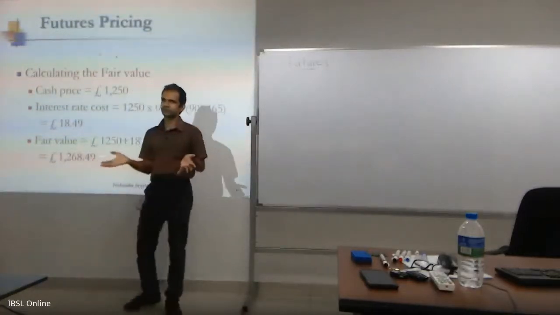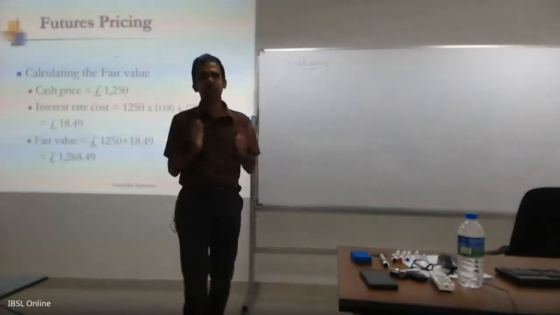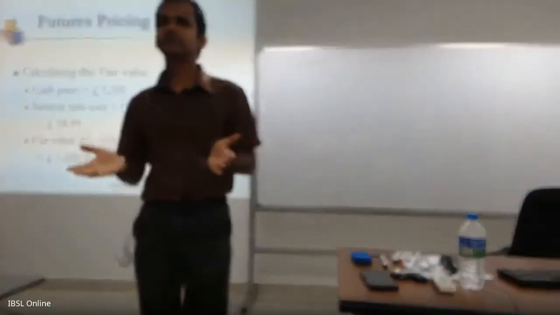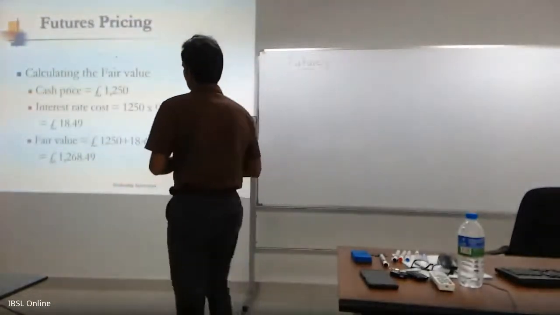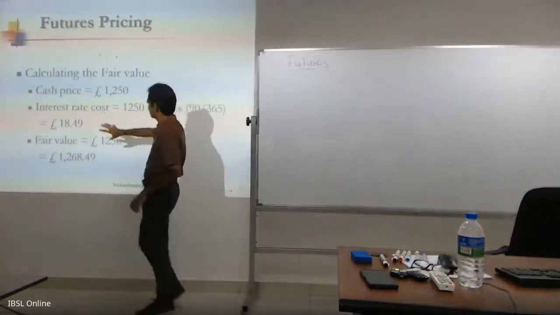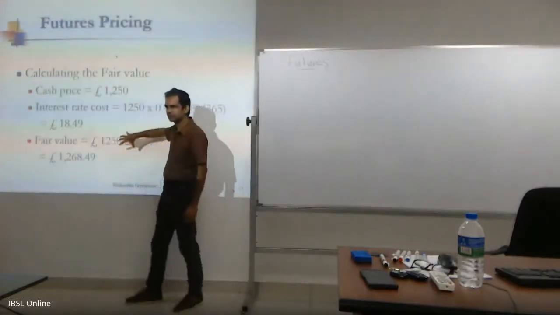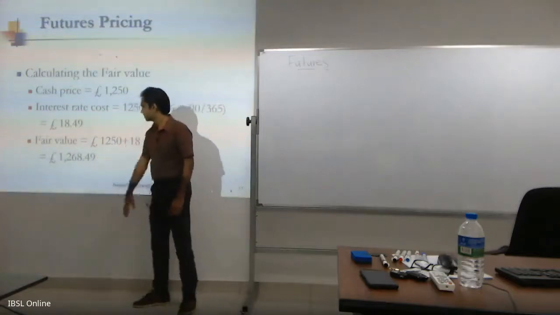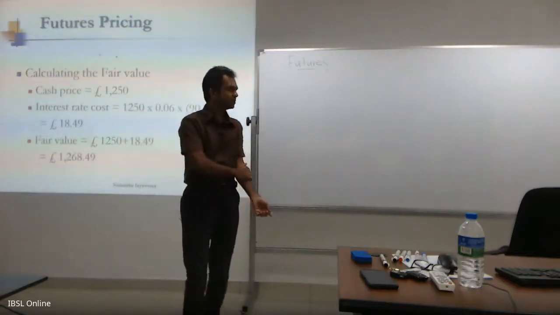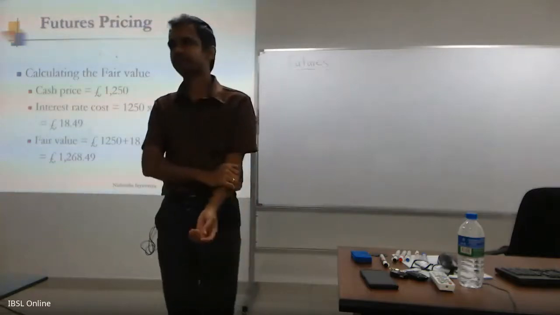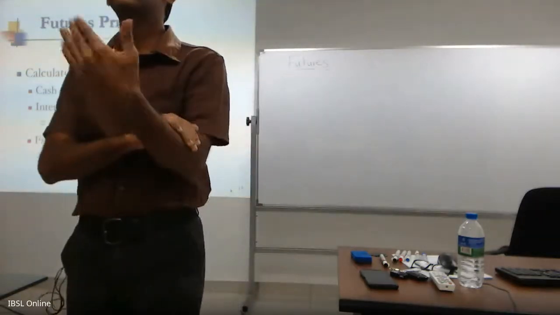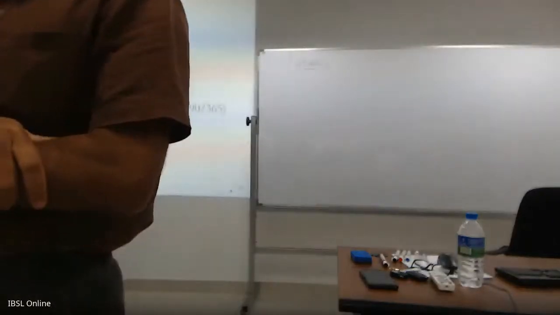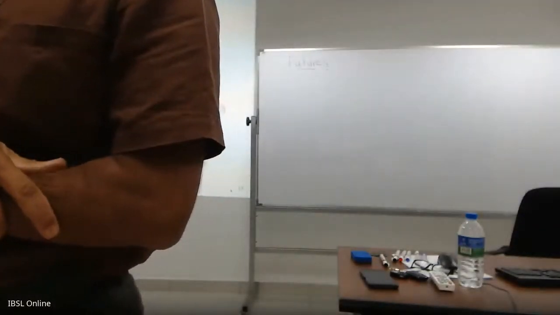There are no dividends, assuming no dividends between those 90 days on that equity index. So the futures price would be the initial cash price plus the foregone interest: 1,268.4. That is the futures price.